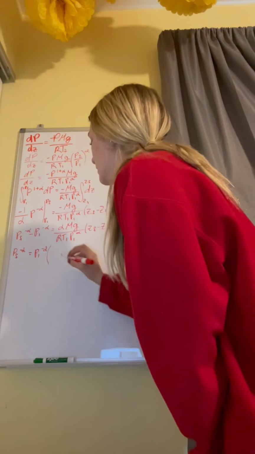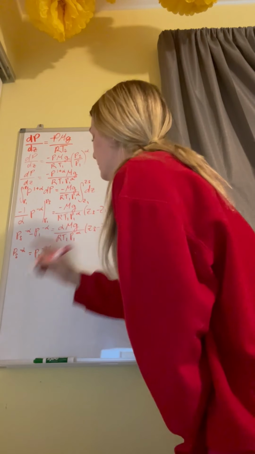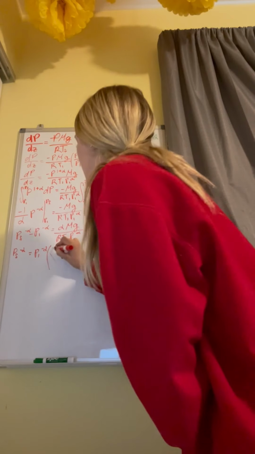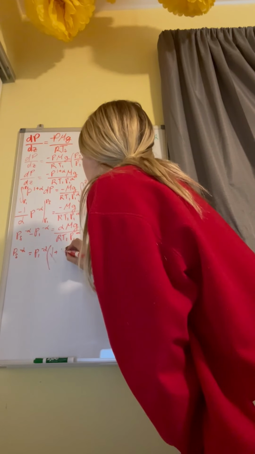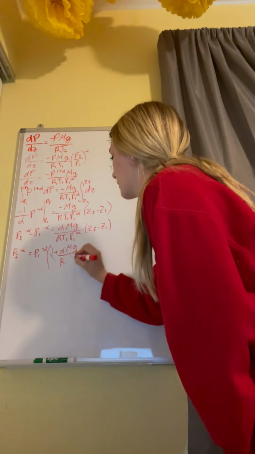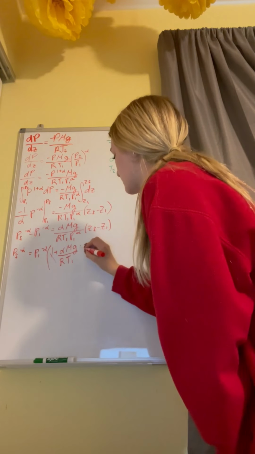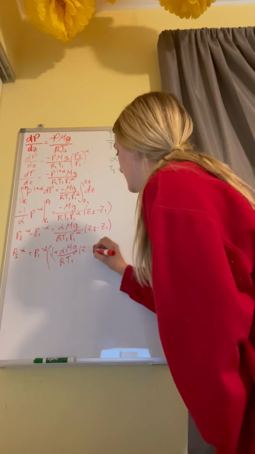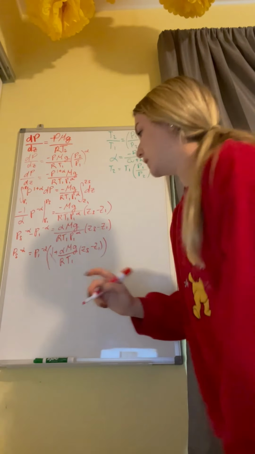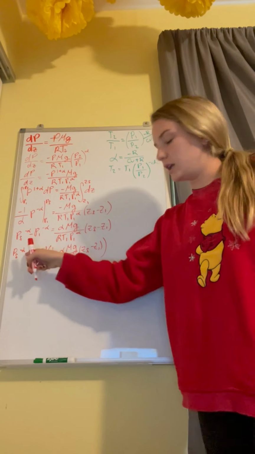So we're going to pull that p1 to the negative alpha out. So we're going to have 1 plus alpha mg over r t1 times zf minus z1.